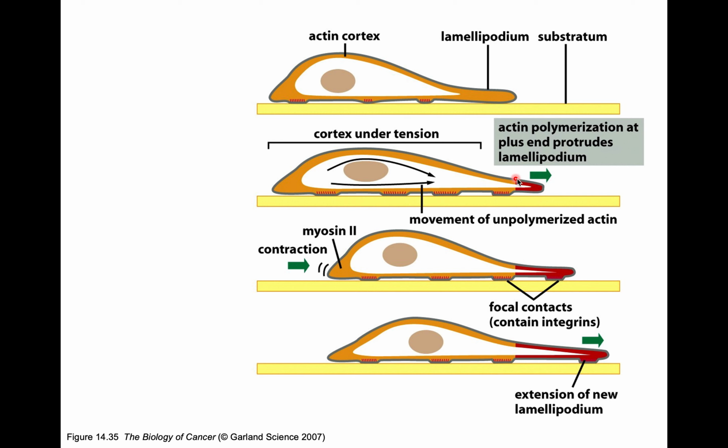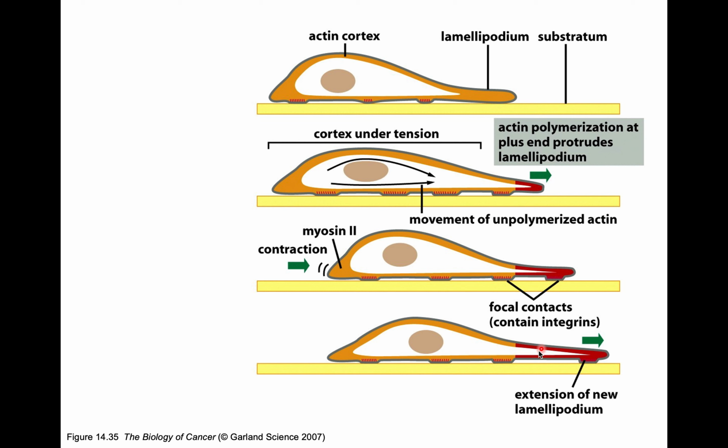And then at the same time that you have that happening at one end of the cell, at the other end, you have myosin motor proteins that are also interacting with the actin cytoskeleton, causing a contraction. So it's essentially almost like a muscle contraction at the opposite end of the cell, and that's going to force the cytoplasm and the cell contents off in the direction of that lamellipodia.